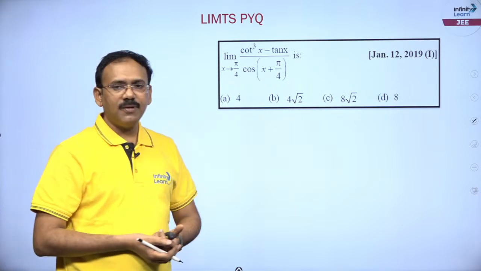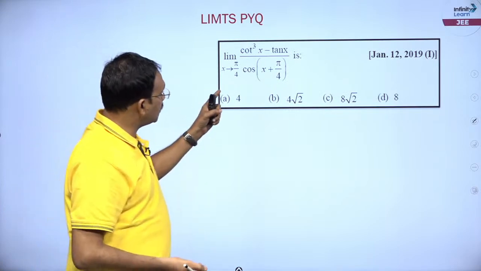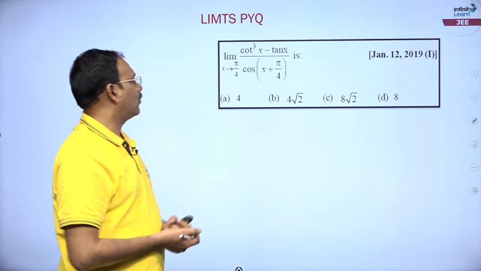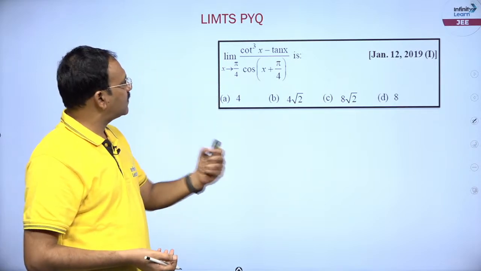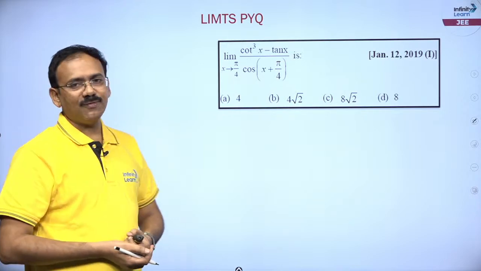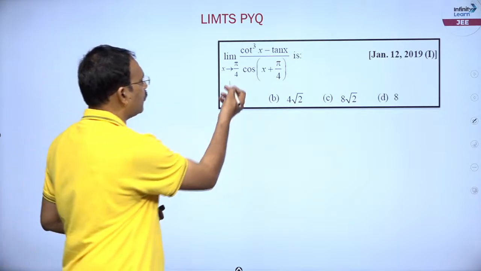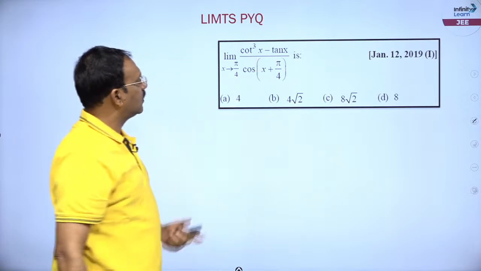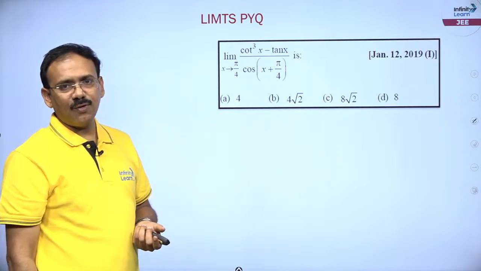fine. You see this problem? Limit x tends to pi by 4, cot cube x minus tan x by cos of x plus pi by 4. How to do this? If you put x is pi by 4, this is 0 by 0 undoubtedly.